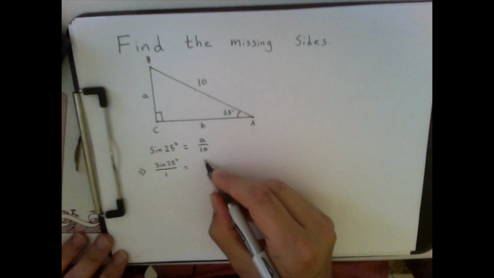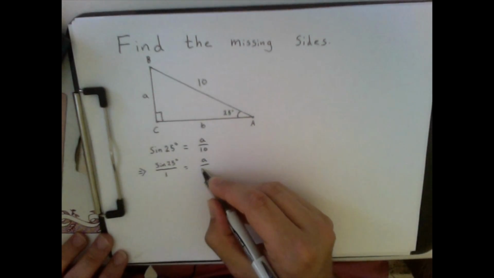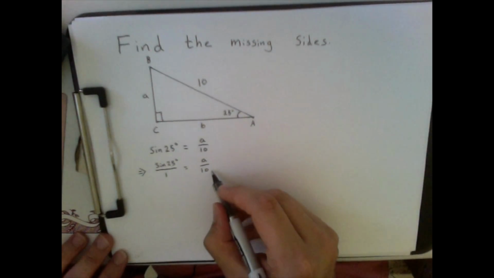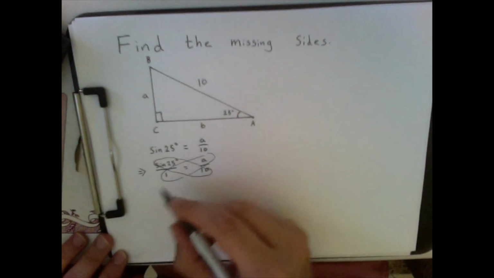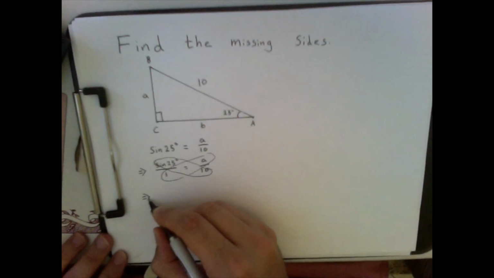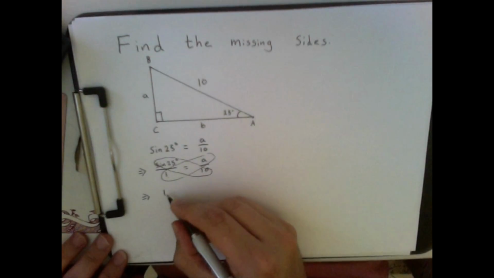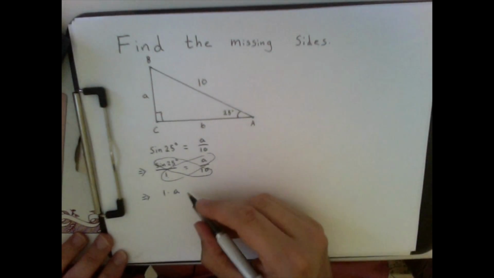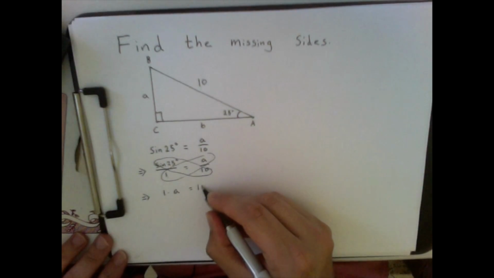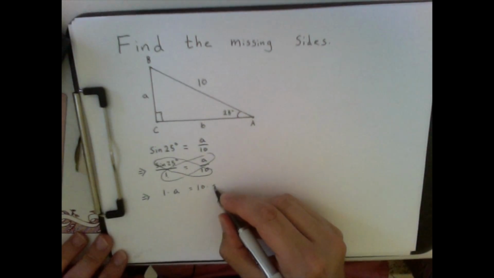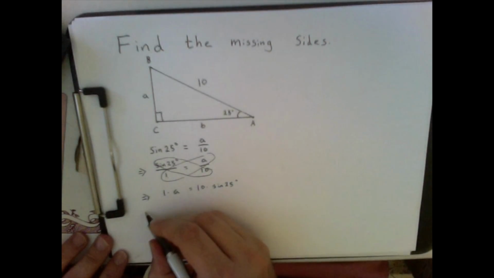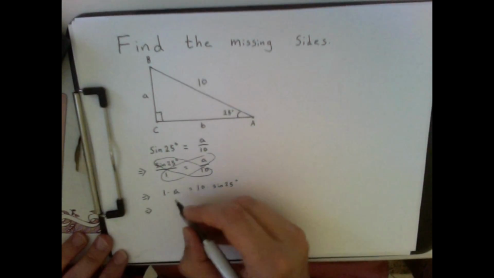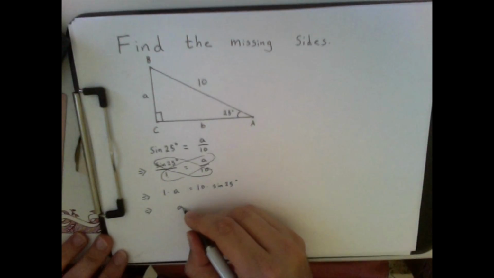And of course we have A over 10. And then we can cross multiply. And we get 1 times A is equal to 10 times sine of 25 degrees. 1 times A is, of course, A.